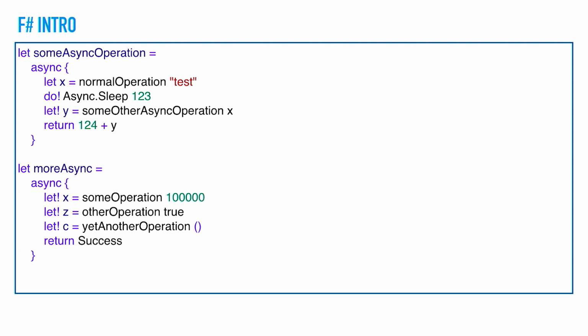What is really nice, again, is that this is a mechanism that can be extended by the users. So async is part of F# core, the async computation expression is part of the core library, but you can create your own computation expressions. It's not a compiler feature.